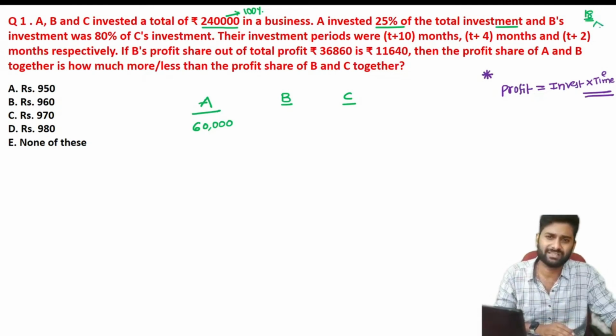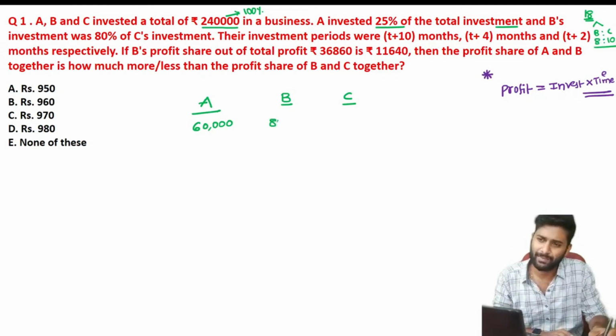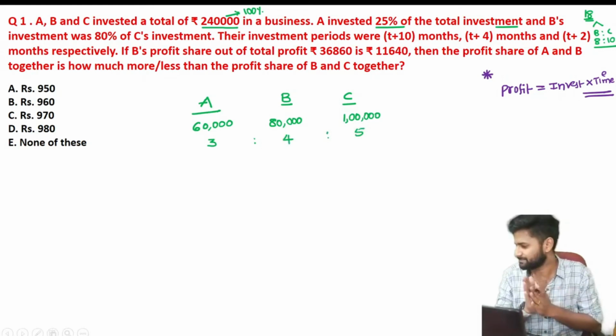Now they clearly mentioned the ratio of B to C. Whatever C's investment, if C invested 10 units, then B is 80%, so 8 units is B. So you should understand that B's investment is 80,000 and C's investment is 1 lakh. Now, if we go through the cancellation, you will get the ratio of investment as 3 is to 4 is to 5. Hope you understand this calculation.